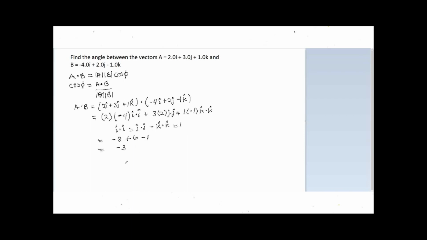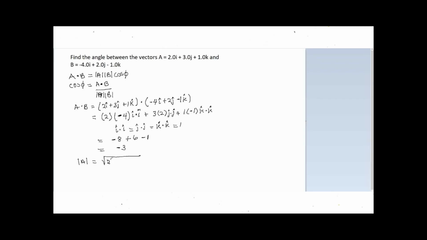Now the next thing we want to do is to find the magnitude of A and the magnitude of B. So let's do mod of A. You know how to calculate the magnitude of a vector.